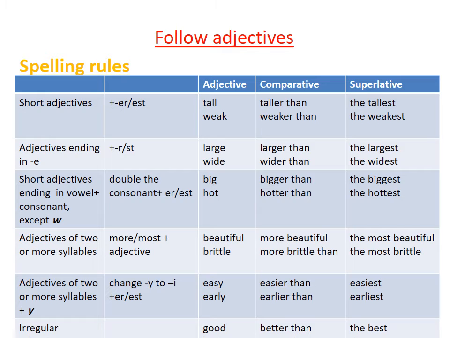Clear? That is a very simple thing. Nice, the same thing. Wise, the same thing. So if the adjective ends in E, in the comparative I will add R, and in the superlative I add ST. That is if it is a short adjective of one syllable, not more than two.